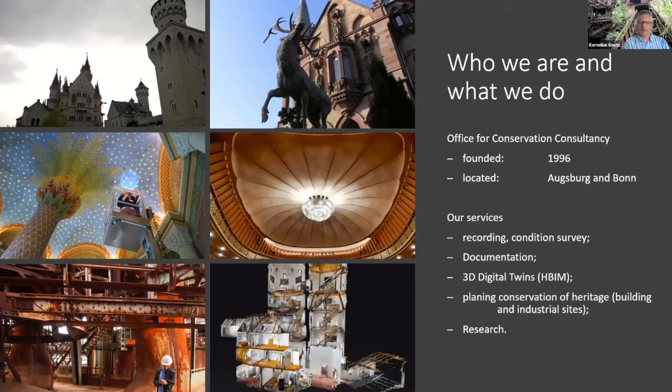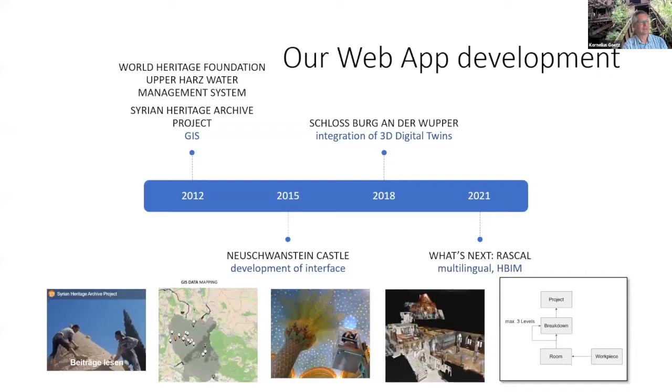HBIM. And we focus on planning conservation of heritage building and industrial sites, and sometimes we do a little bit of research. Our web app development started in 2012 with our client World Heritage Foundation of Upper Harz Water Management System and the Syrian Heritage Archive Project.